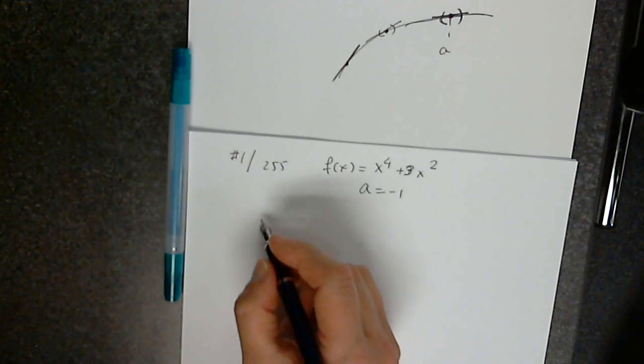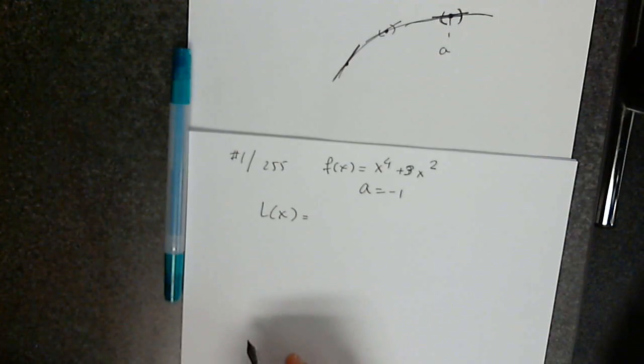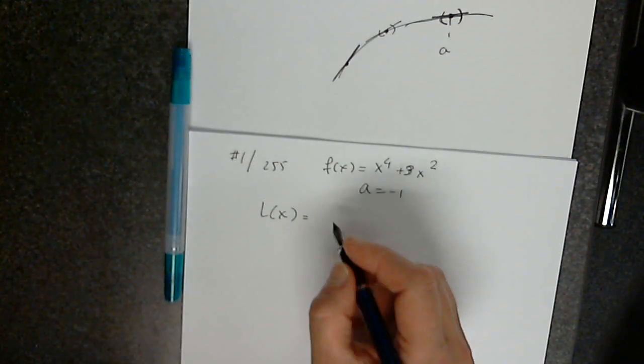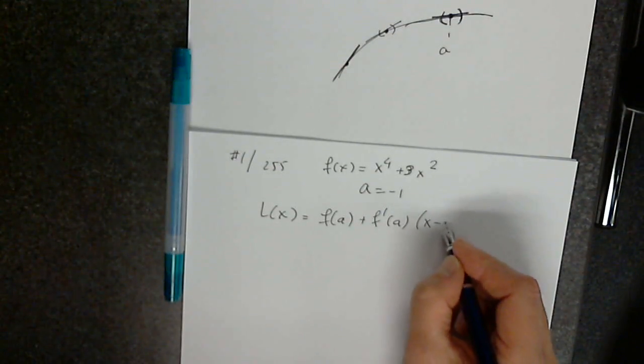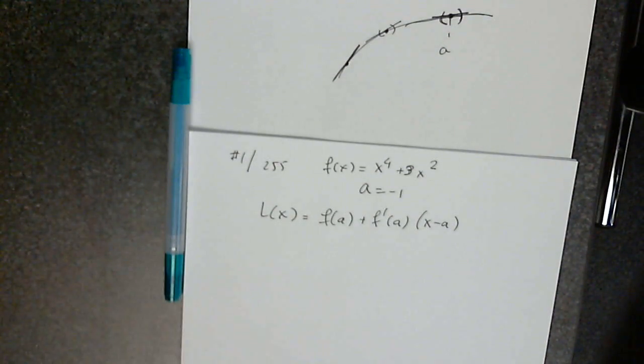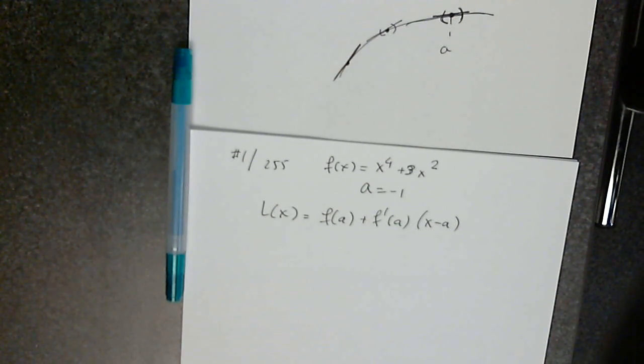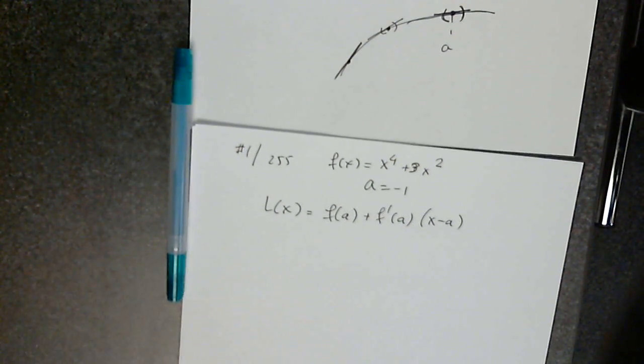And I know that the linearization is uppercase L of x, which is f of a plus f prime of a times x minus a. When you get to Calc 2, you will see that this is a Taylor series. But you have to wait till then.